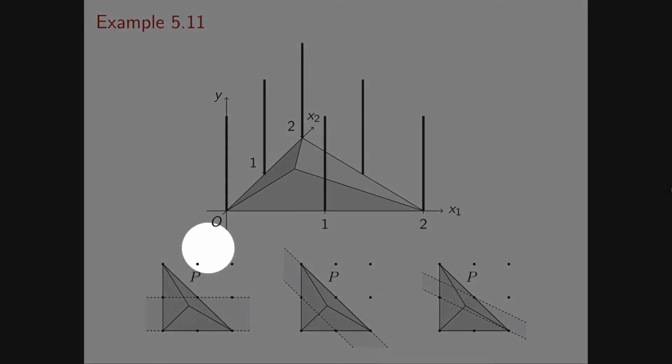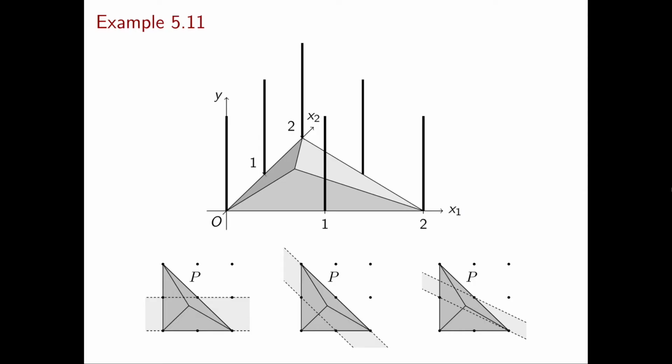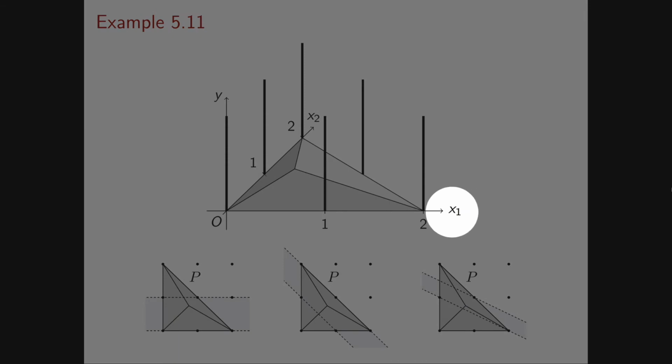So maybe now we can understand this three-dimensional picture. This is a somewhat isometric picture, so I see the x1 axis, the x2 axis, and then the vertical y-axis. Earlier on, I was observing this pyramid from above, somewhere here. So as you can see, the base is, as we saw already, the convex hull of the origin, the point 2, 0 in the x space, and 0, 2.